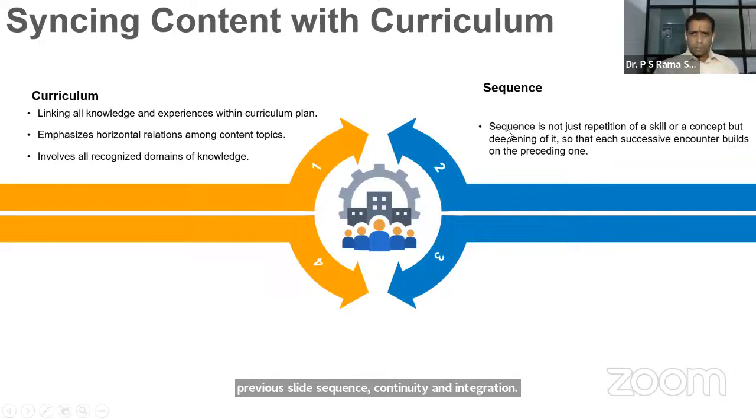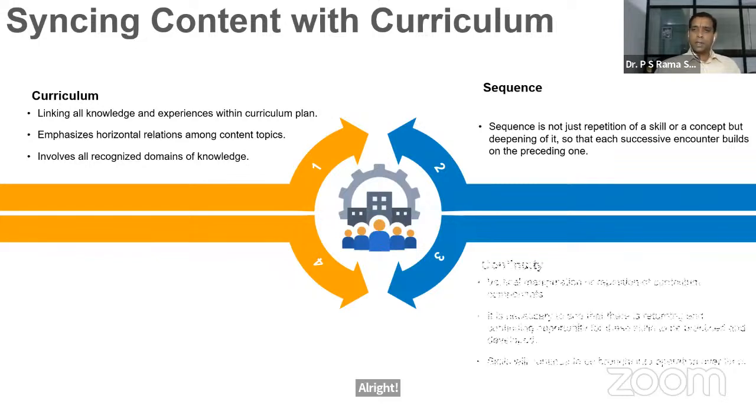Sequence is not just repetition of a skill or a concept, but deepening of it, so that each successive encounter builds on the preceding one. 2 builds on 1, 3 builds on 2. So the student is getting deeper and deeper into the subject. What comes in semester 2 builds on what has come in semester 1. Right? It's not just repetition of what he has learned.